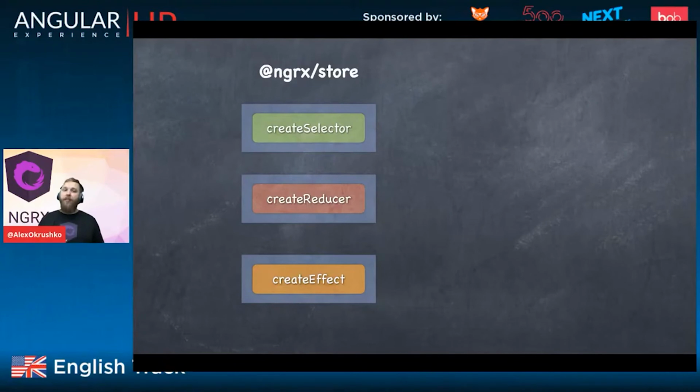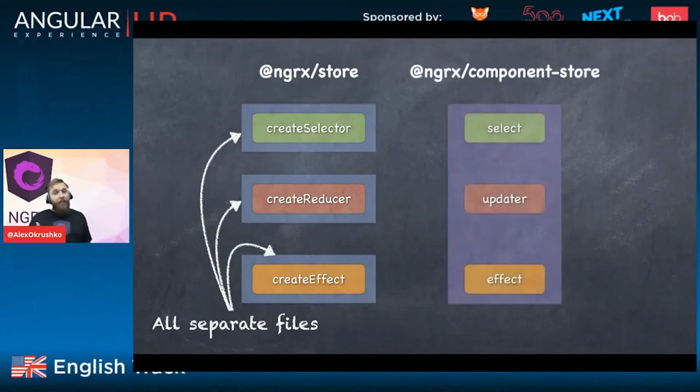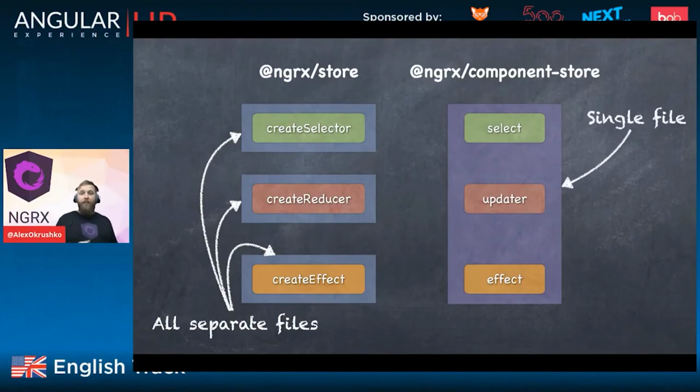And that scales really well because should you have more selectors, you just create a separate file and put them there. If you have more reducers, you split them somewhere outside. And again, same with the effects, you can create just another class for effects. With the component store, it's in the same file. It's a single file, right? There could be multiple instances of component stores, but each one takes the whole responsibility for selecting, updating, and producing those effects, right? So this is the bigger difference.